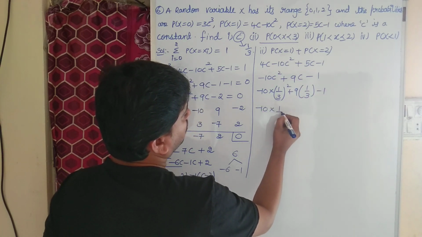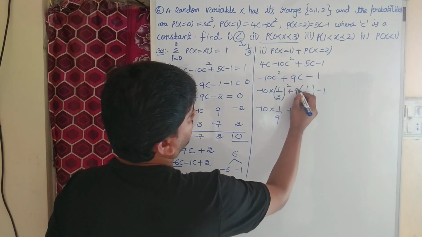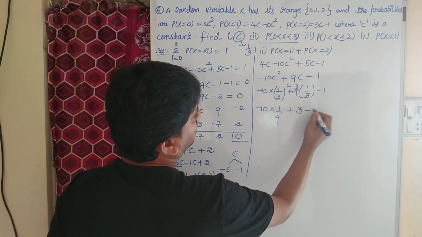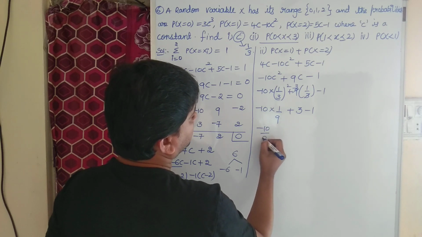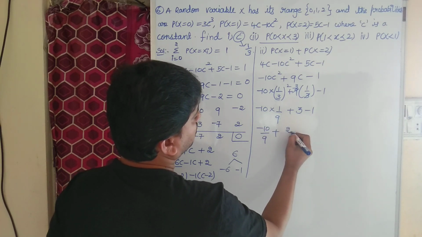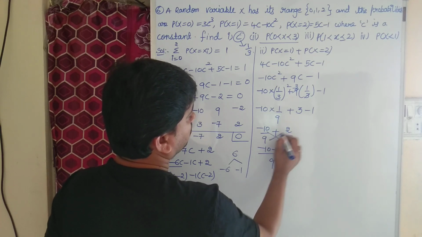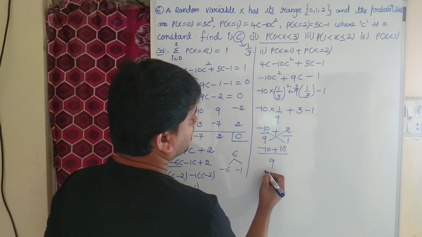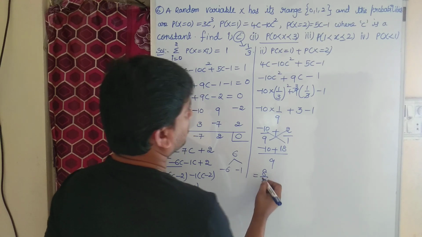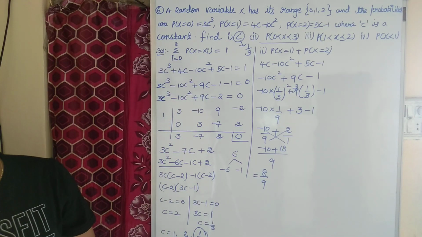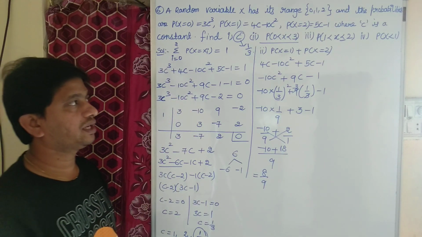Minus 10 into 1 by 9, 3 times 1 is 3, 3 times 3 is 9, 3 minus 1. Minus 10 by 9 plus 3 minus 1, that is 2. Taking LCM 9: minus 10 plus 9 times 2 is 18, 18 minus 10 is 8. So the value of P of 0 less than x less than 3 is equal to 8 by 9.